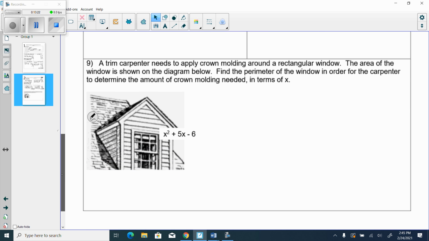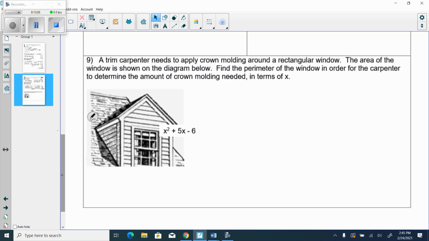It says that a trim carpenter needs to apply crown molding around a rectangular window. The area of the window is shown in the diagram below. Find the perimeter of the window in order for the carpenter to determine the amount of crown molding needed in terms of x. Okay, so they told us that the given was the area, right? For this rectangle, how do you find the area of a rectangle?